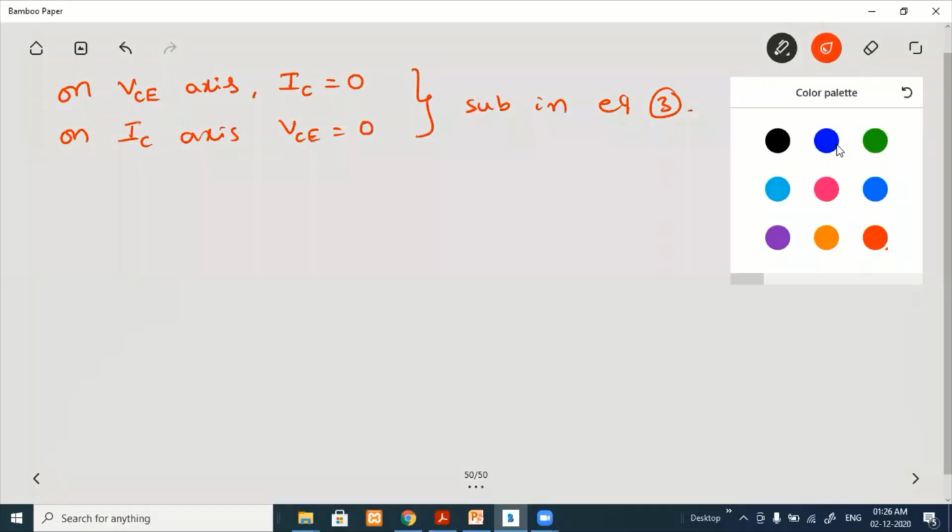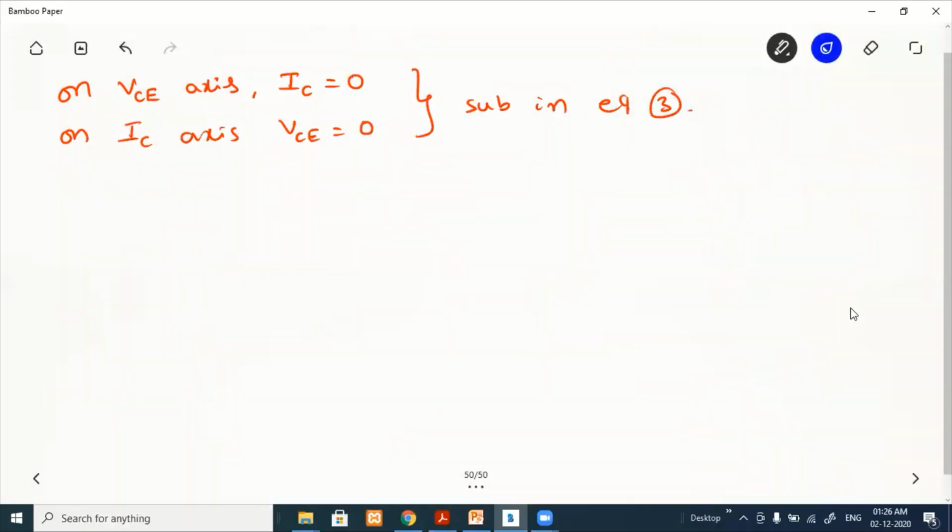Suppose if IC equal to 0 in equation 3, then we are getting VCE equal to VCC.